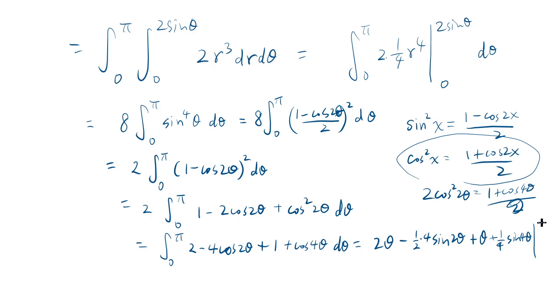And then you plug in pi and 0. Every time you plug in pi or 0 into sine 2 pi, sine 4 pi, that's 0. Sine 0 is 0, so these actually don't produce anything. So the only thing that does give you something non-zero is when you plug in pi into theta here, so you get 2 pi. When you plug in pi in here, which is pi. And then when you plug in 0, everything's 0, so you just get 3 pi as the final answer.